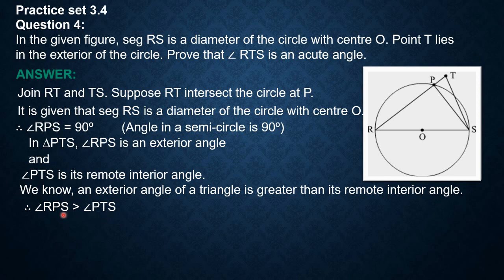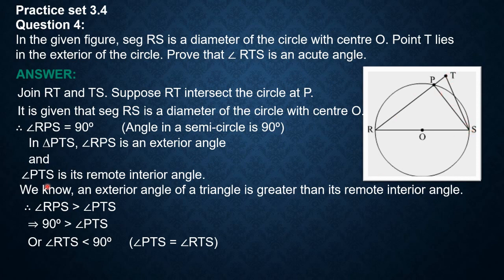Now, angle RPS is 90 degree, which we have found out previously. We substitute 90 degree in place of angle RPS. So 90 degree is greater than angle PTS. We can rewrite this as angle RTS less than 90 degree. I have just substituted RTS for PTS because if you observe the figure, angle RTS is the same as angle PTS.